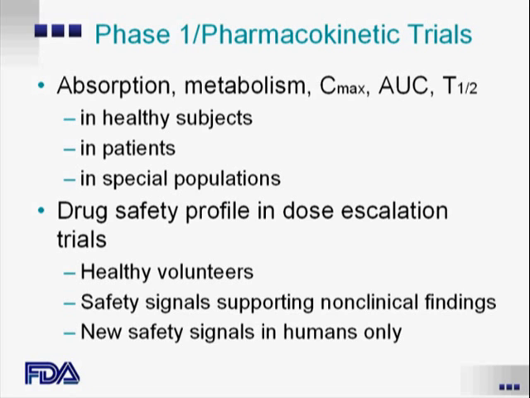You can see if there's some dose dependence in adverse events. These studies generally will either support findings of safety signals identified in clinical trials, but they also identify safety signals that are specific to humans only.